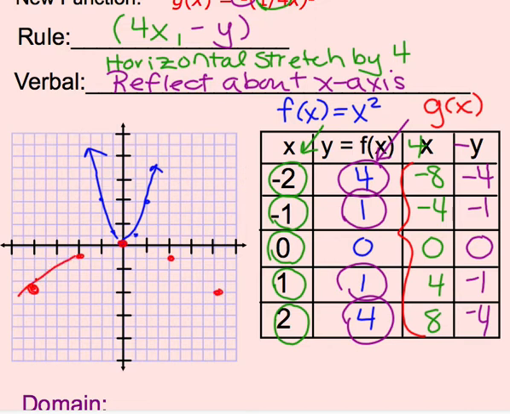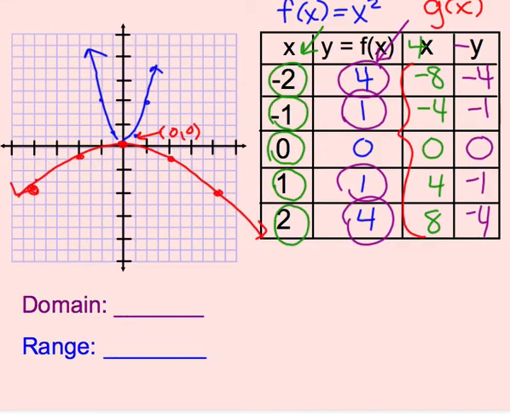So you'll see that horizontal stretch, it's widening it out, and then it's reflecting about the x-axis. Here is our critical point. Our domain is negative infinity to infinity again. And our range is everything below that line y equals 0. So we say that y is less than or equal to 0.